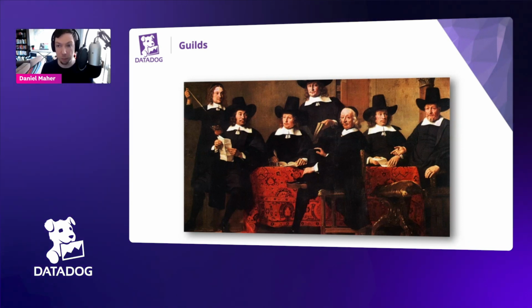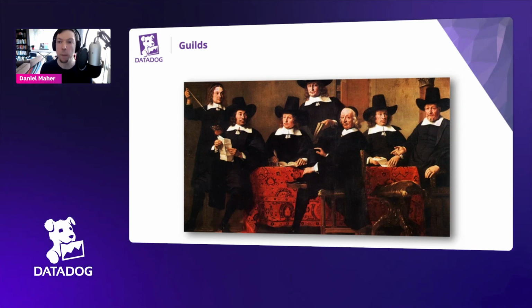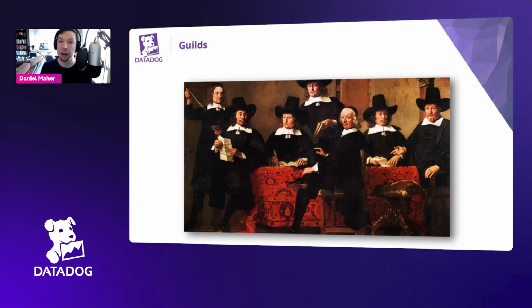The big difference between a squad and a guild: the squad is a little bit smaller, more short-lived, and tightly coupled with a single objective. The guild is a bit more long-lived, a little bit bigger, and perhaps a bit more nebulous with its end goals.